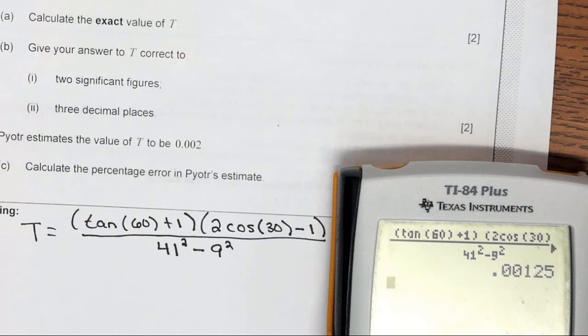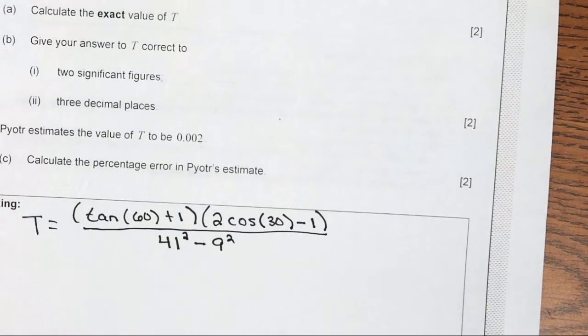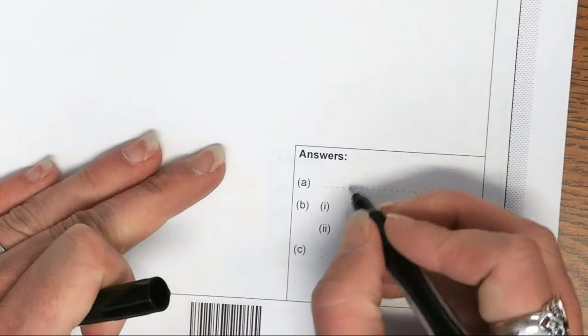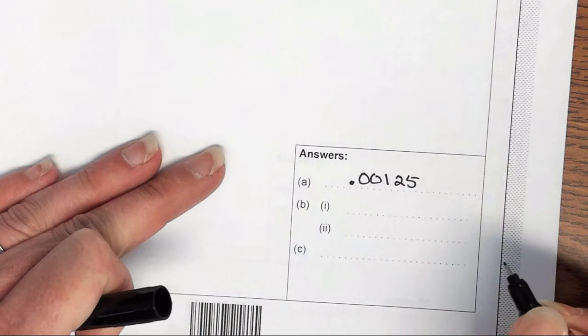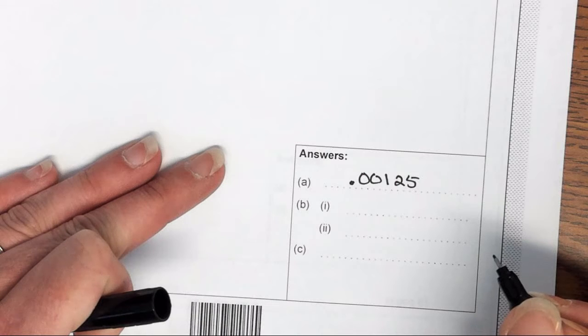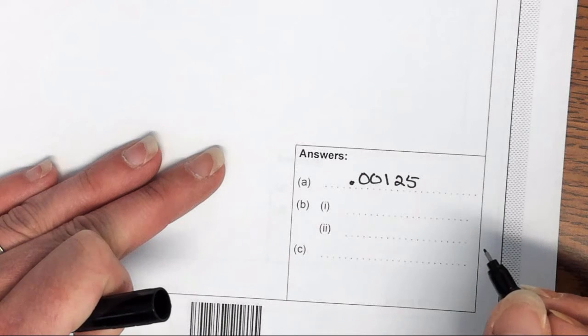And we should have gotten 0.00125. Yes? Okay. And it says to calculate the exact value, so you would write the exact value here, 0.00125. Part B says to give your answer correct to 2 significant figures.